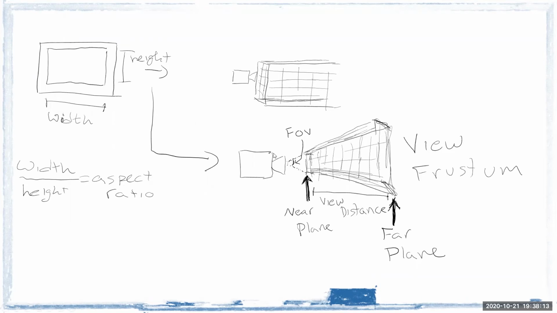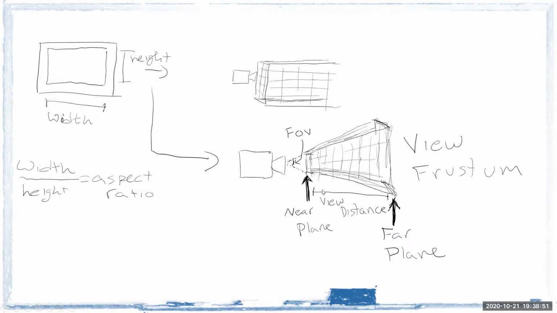So this view frustum is just like a pyramid with its top chopped off, and this near plane, the plane of this frustum that's closest to the camera, is what we project everything onto, and it's basically the plane that describes the 2D viewport of our display.